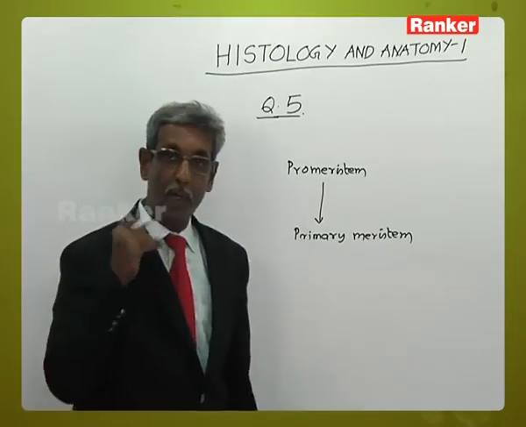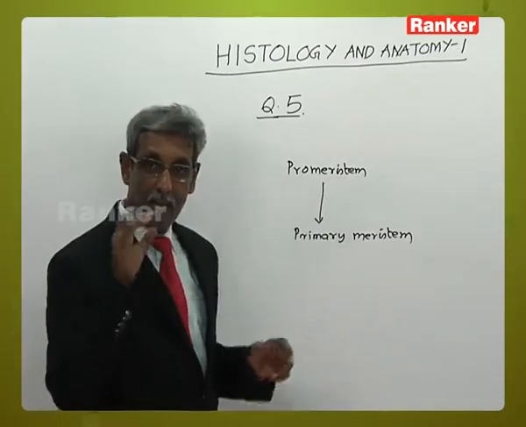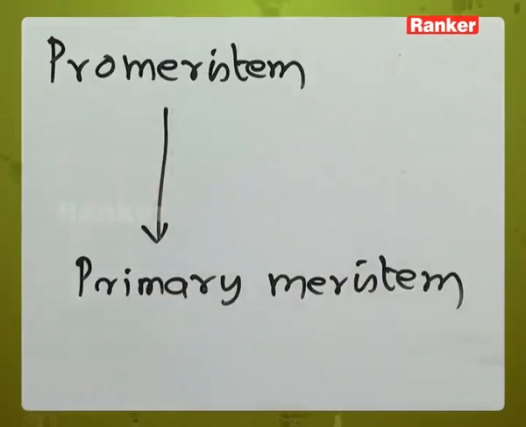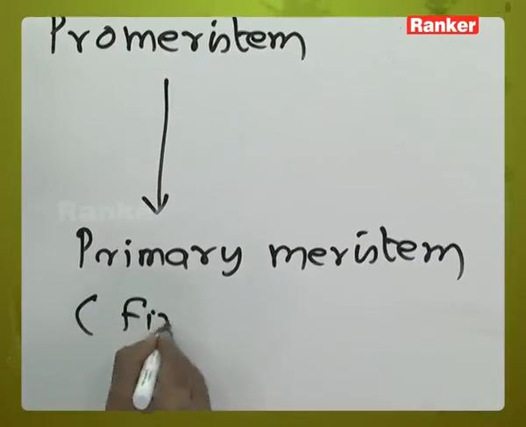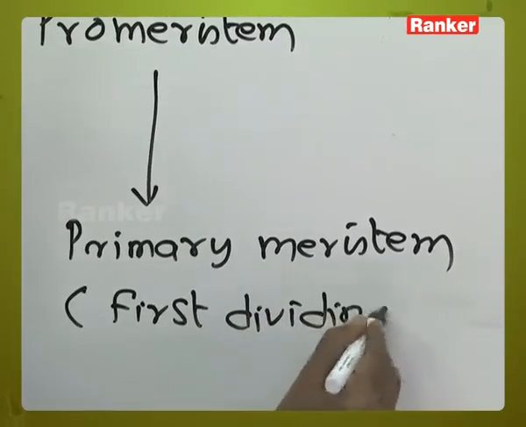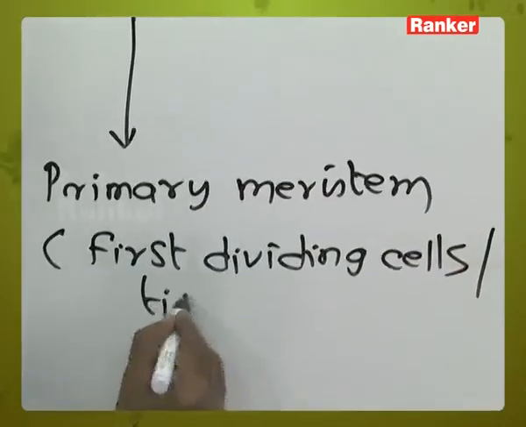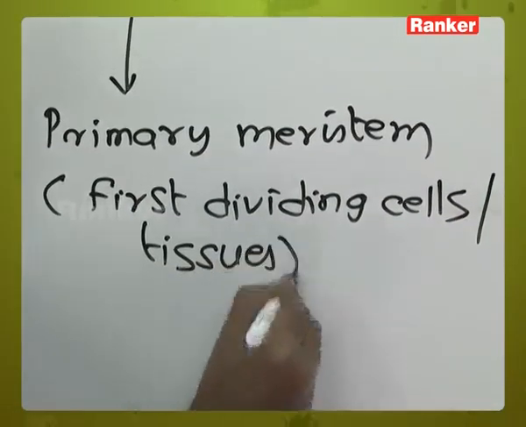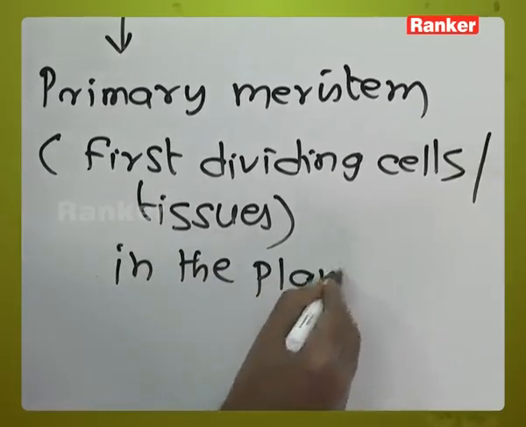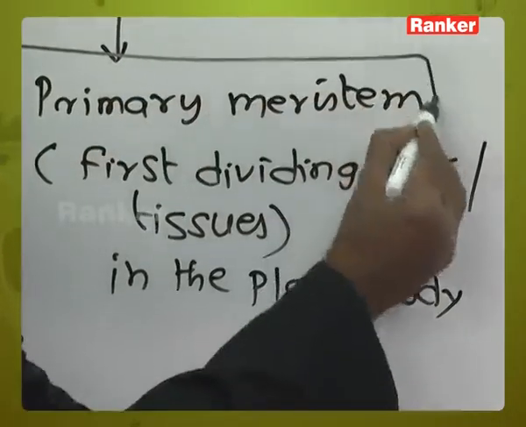The cell which is going to divide is termed as a promeristem, and this in turn can initiate and give rise to the first type of dividing cells. So the first dividing cells or the first dividing tissues in the plant body constitute the primary meristem.